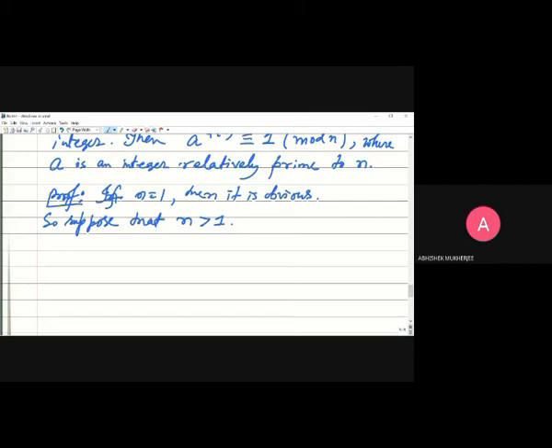Okay, now consider the set X equal to {1, 2, 3, ..., n minus 1}.